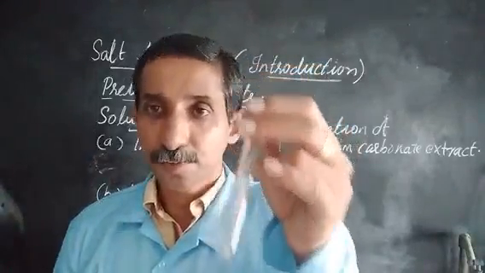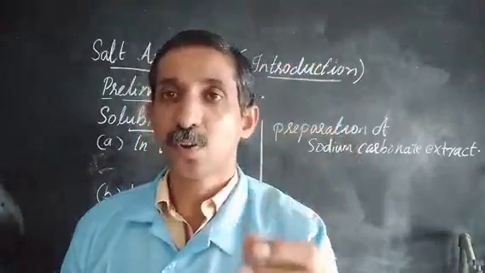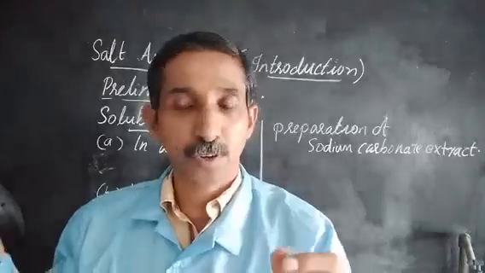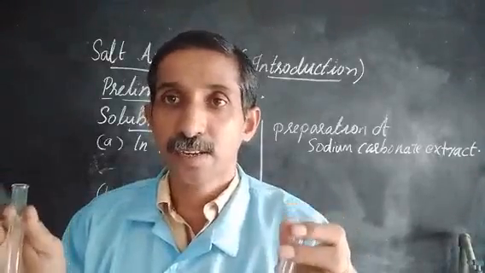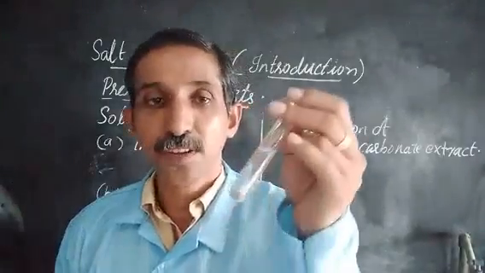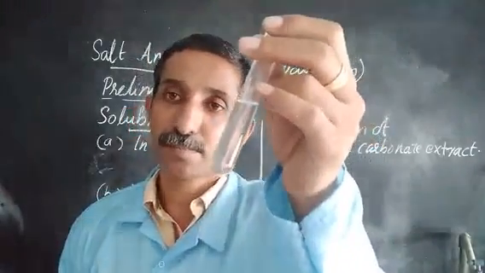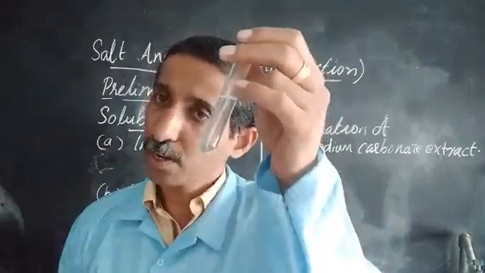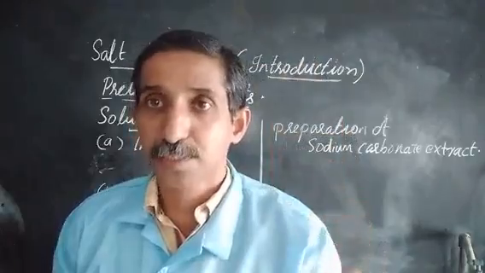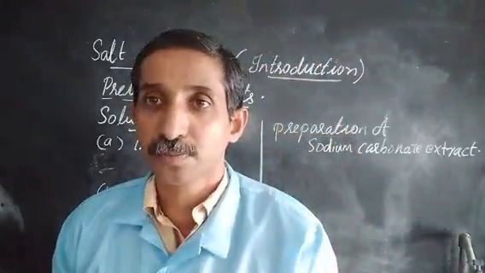If any other salt is taken, like lead or aluminum, any other salt that contains any other cations other than ammonium, will give you a white precipitate. If you are getting a precipitate, that is indicative of absence of ammonium ion, NH4 plus ion.